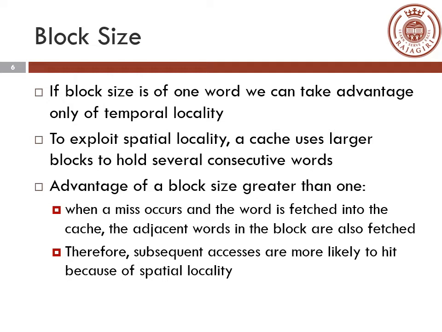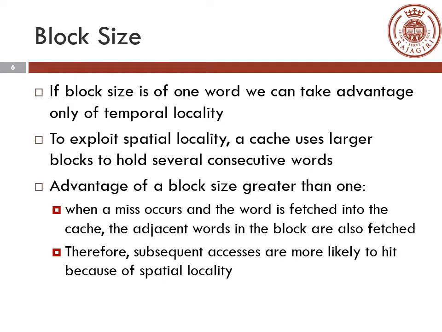What temporal locality means is that the instructions that are used very recently are supposed to be used again and again. So in that case, if the block size is one word, that will be helpful. This block is set as one word of data, and this is good if you are using the advantage of temporal locality.